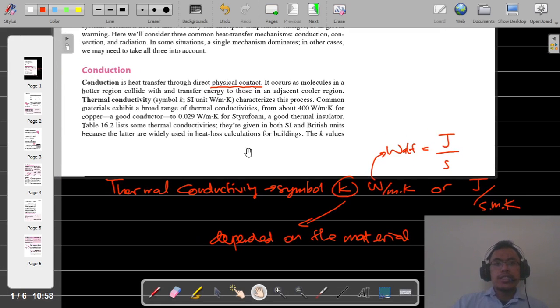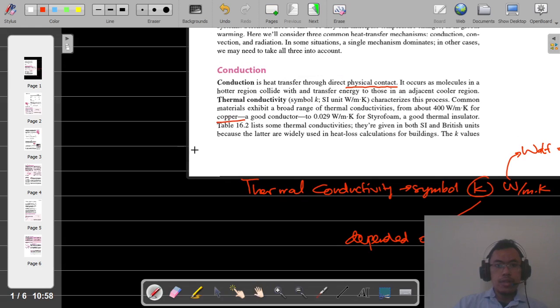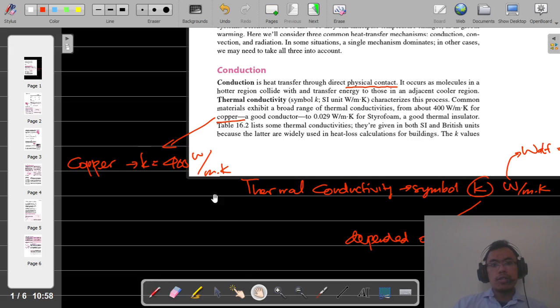As an example, copper has k equal to 400 watt per mK. So it is considered a good material to conduct thermal energy. This is a very conductive material.